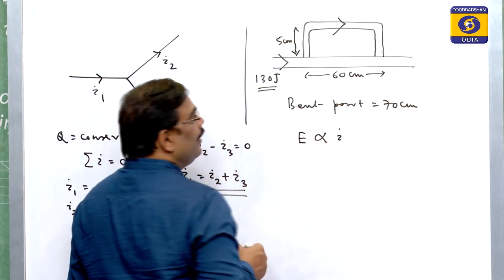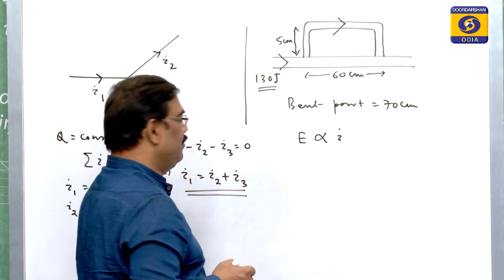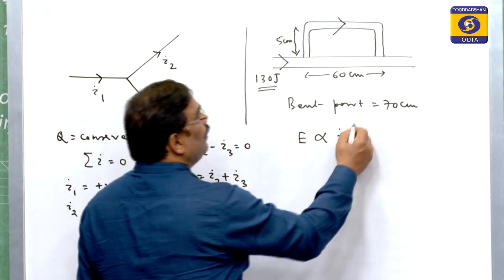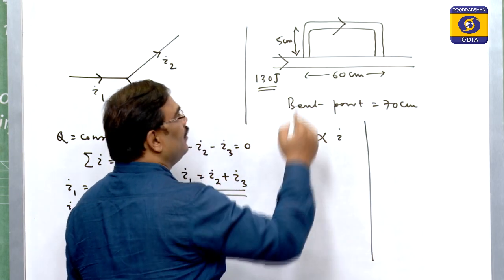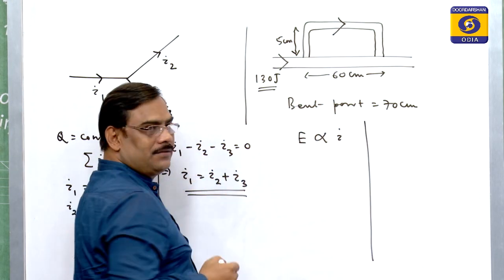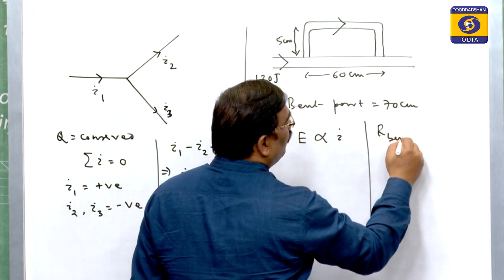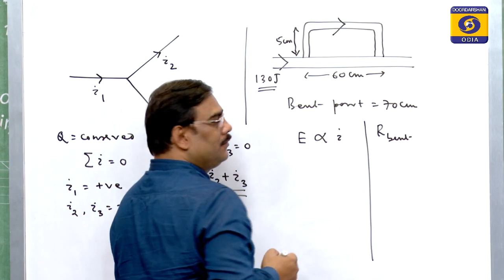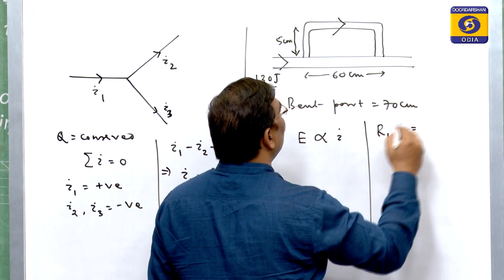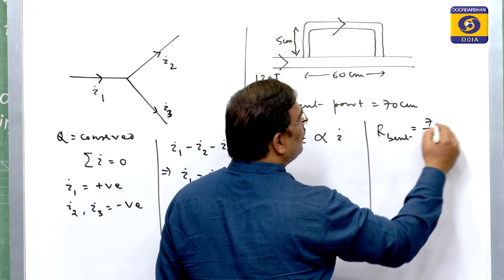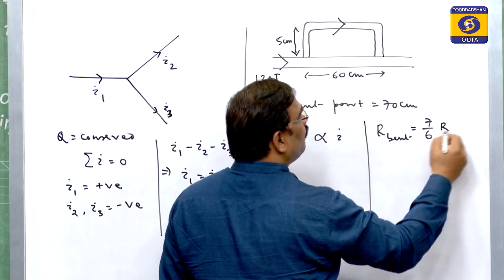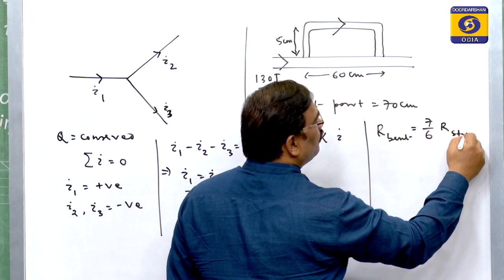And current is inversely proportional to resistance. So, if I compare the resistances of both the parts, the resistance of the bent part is equal to 7/6 times the resistance of the straight part.